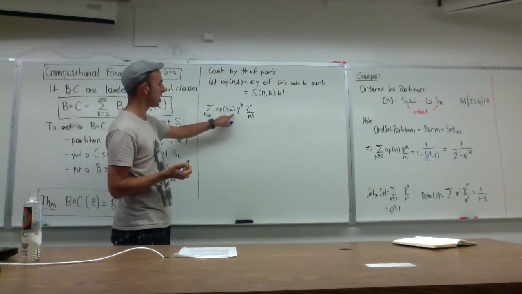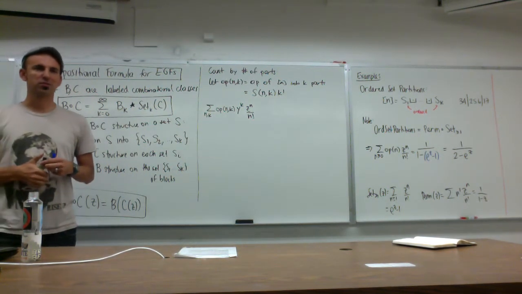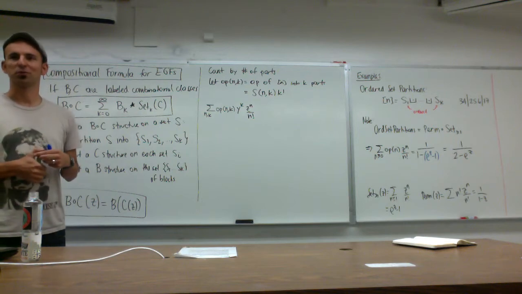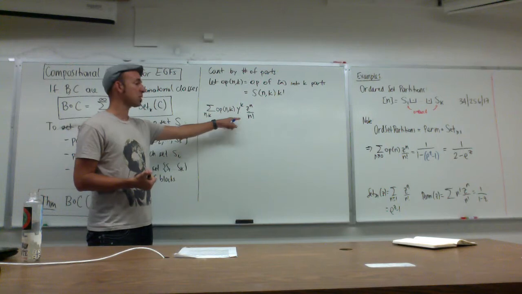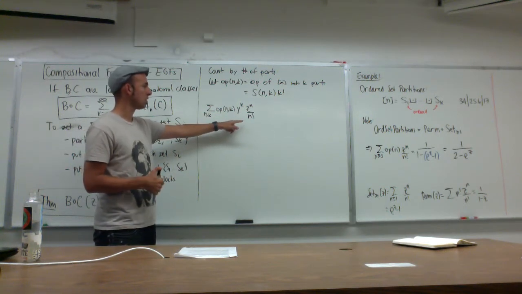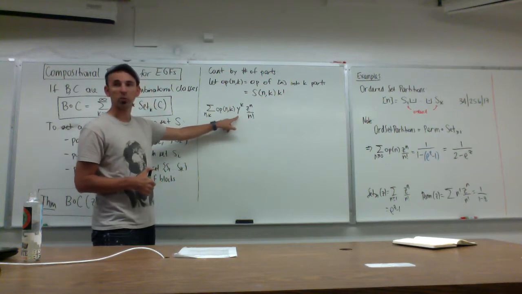We're going to use y for the number of parts. And again, it takes some practice to know whether you should make it exponential or not. And I'm going to show you that in this case, you get a very nice formula if I make it exponential in z and ordinary in y.